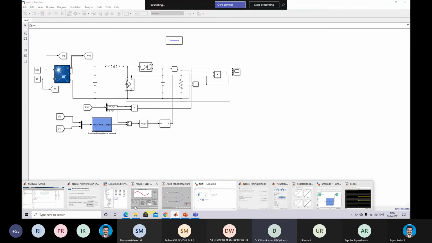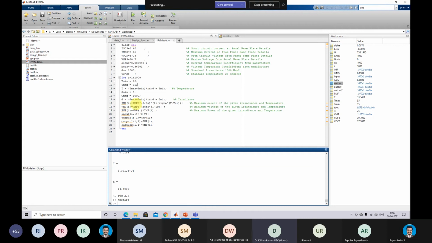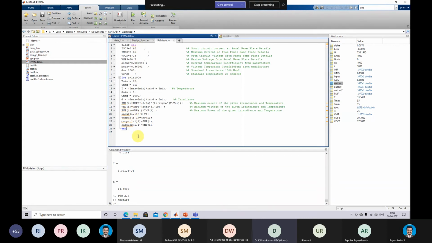So in order to implement ANFIS, okay, you have to take the same details, but we need to change the data, right? So data, we need to generate data, one is input, right? Input, another one is output, right?